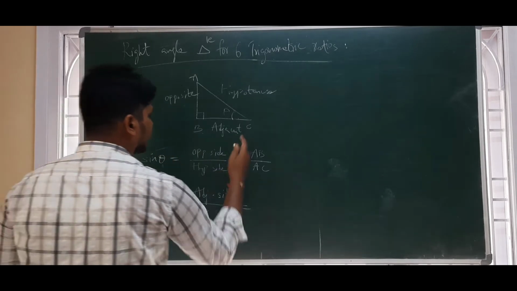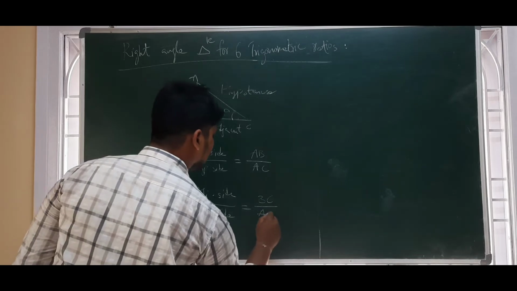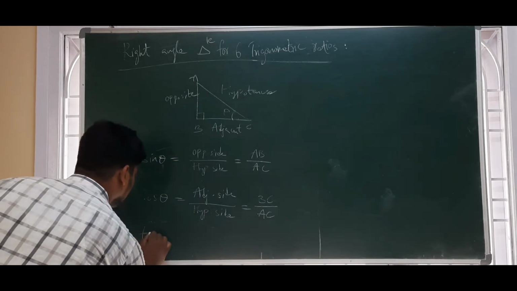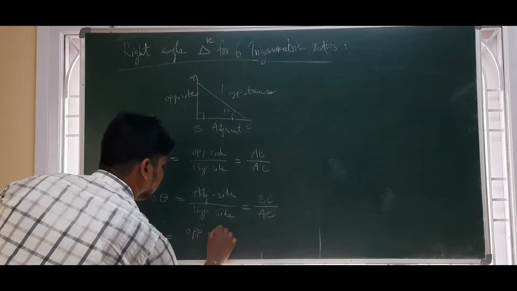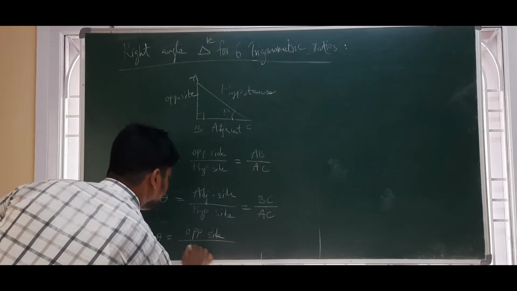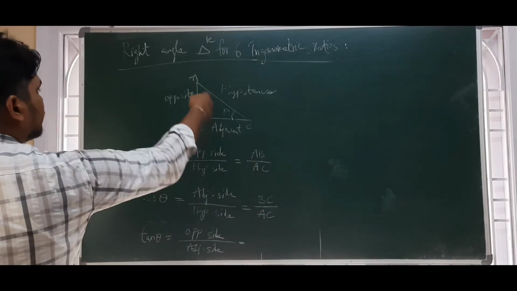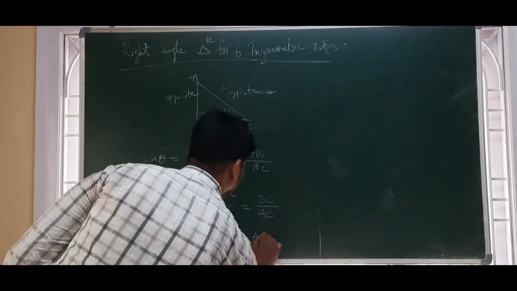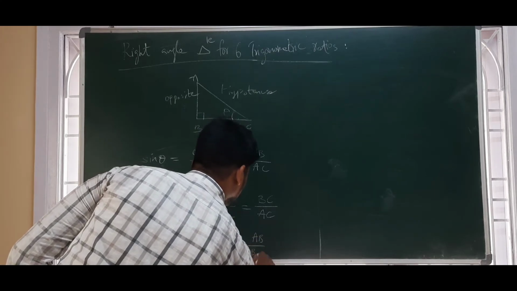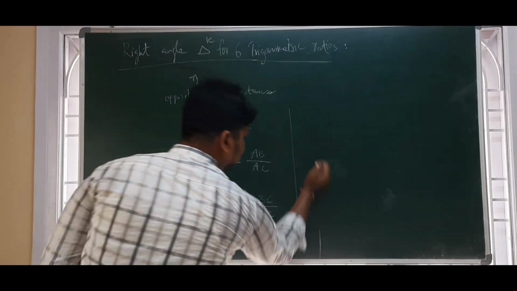What is adjacent side? BC, hypotenuse is AC. Tan is opposite side by adjacent side. Opposite side is AB by adjacent is BC. AB by BC.